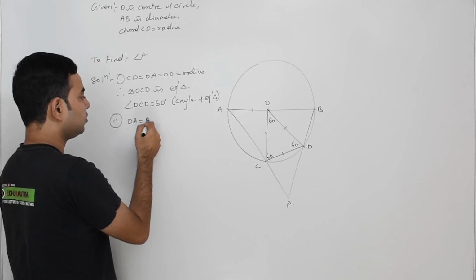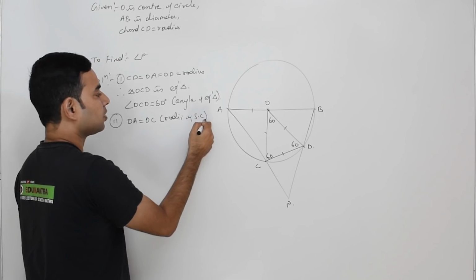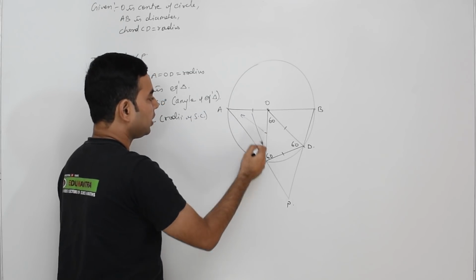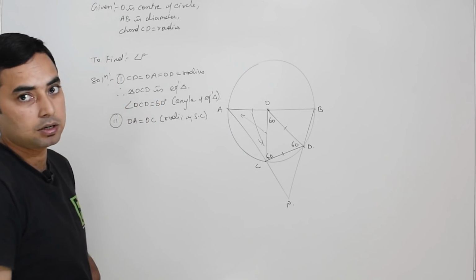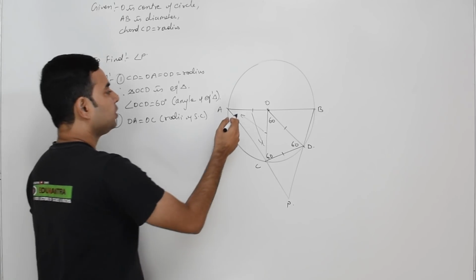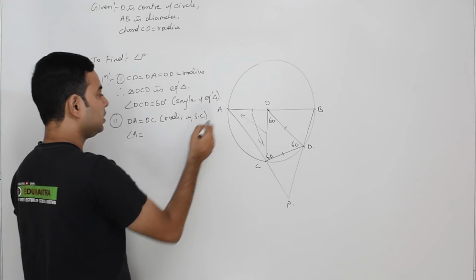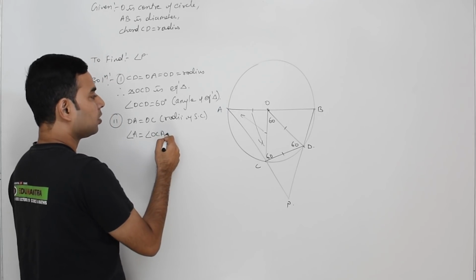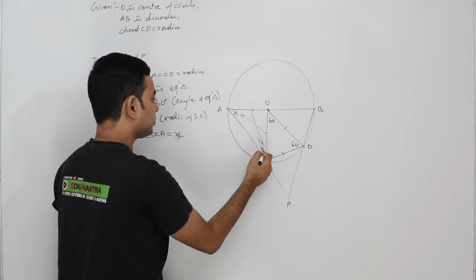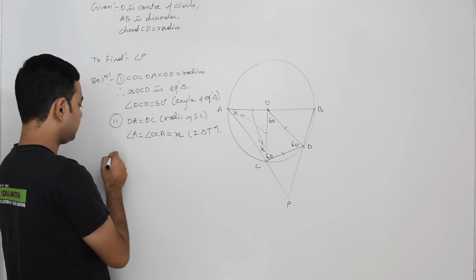In second point, OA is equal to OC, radii of the same circle. If OA is equal to OC, then the angles opposite to them are equal. In a triangle, if two sides are equal, then the angles opposite to them are also equal. It means that angle A is equal to angle OCA is equal to x, by isosceles triangle theorem.